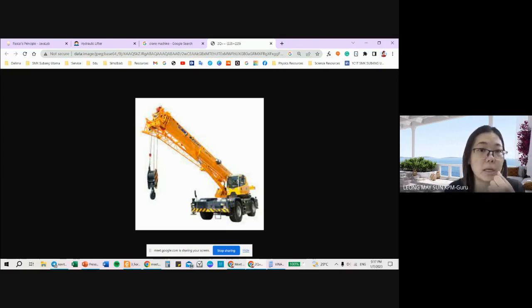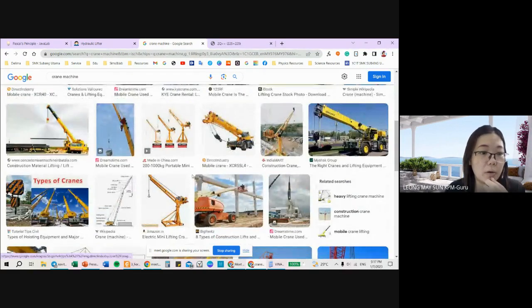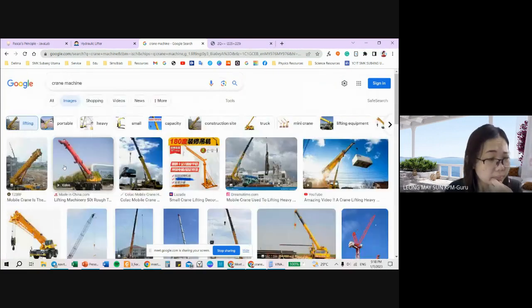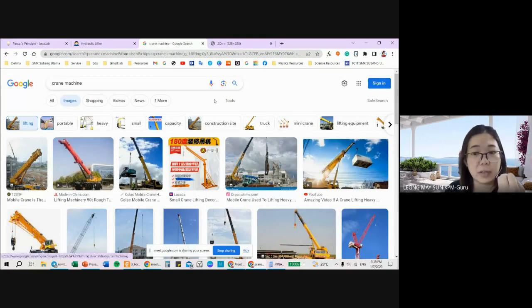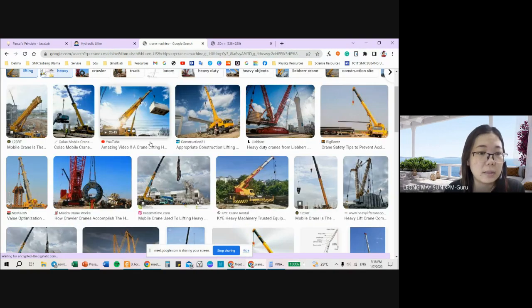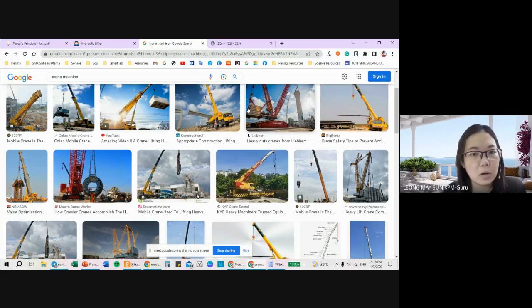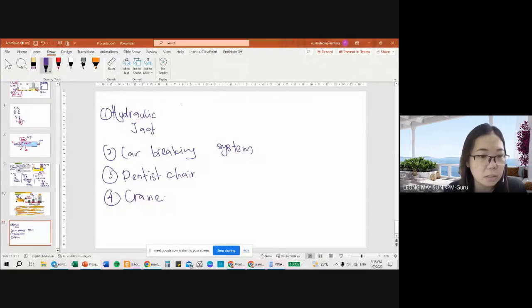Obviously there are many different types of cranes to do a lot of different tasks, especially related to heavy objects. The main reason is that in order to build buildings or infrastructure, you need a lot of force to lift all those concretes. So the only method for them to do that is using the hydraulic system, or the Pascal principle system. So those are a few applications.